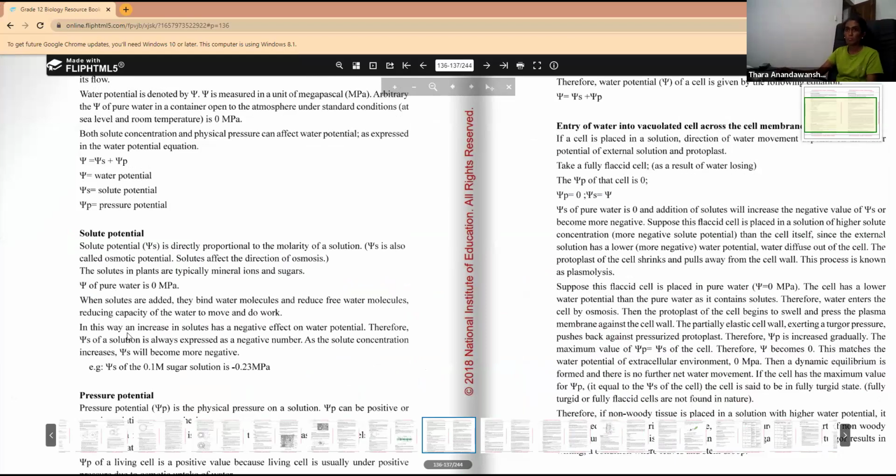Solute potential is also called osmotic potential.